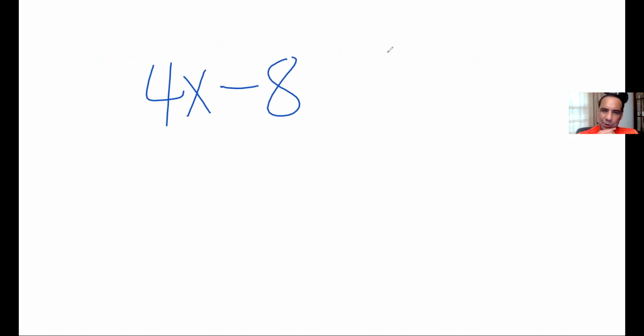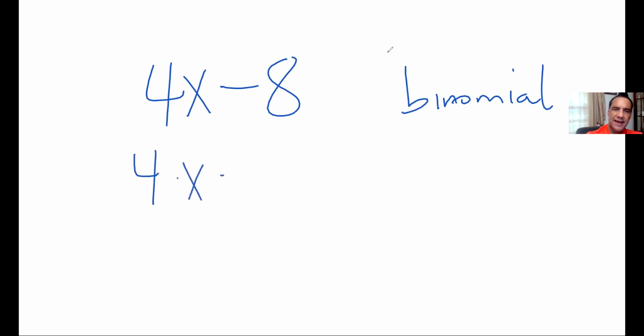To keep things simple, make sure you realize that what we're really doing is reverting back to a distributive property expression from what's called a binomial. See, this is a binomial, but we want to make this a product. Now, what you're going to do is realize that this is 4 times x, and 8 can be written as 4 times 2.